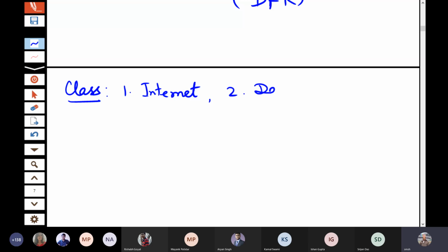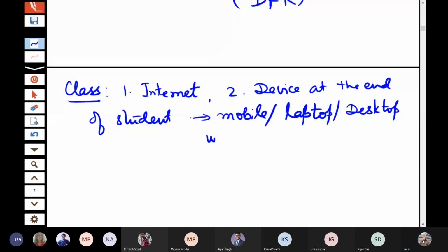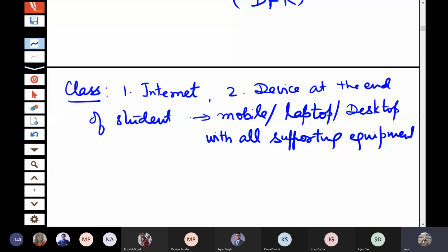See, so device, at the end of the student, which includes mobile or laptop or desktop with all supporting equipment. What is the supporting equipment?